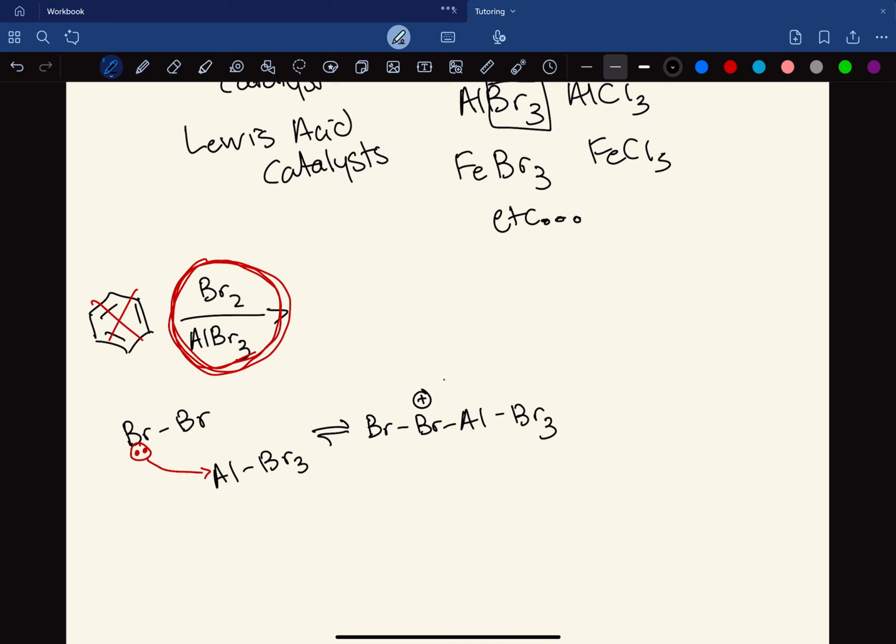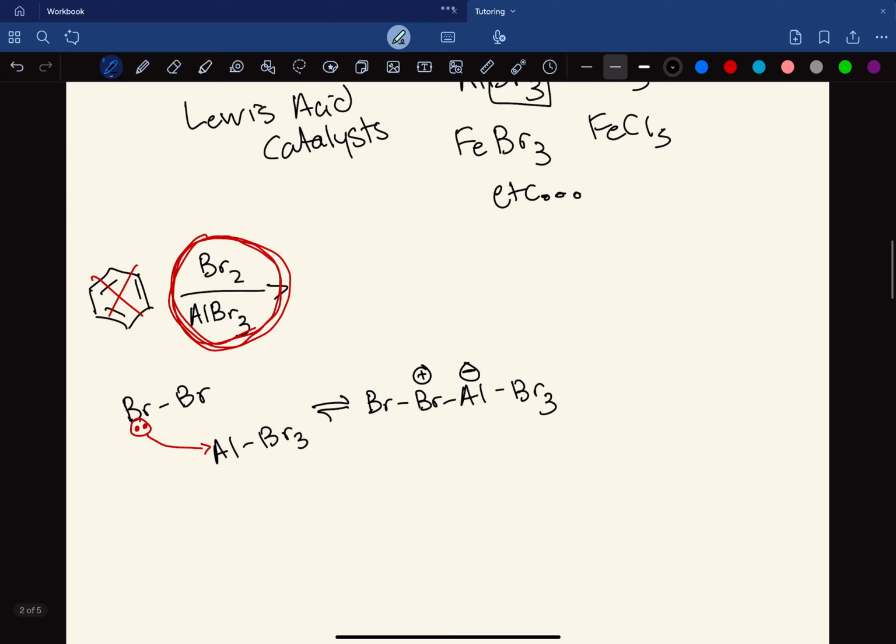If you wanted to calculate the formal charge for this bromine, you would find it to be +1. And then this aluminum, or the metal, whatever metal, will have a minus charge. It has more bonds than it wants to, and metals want to lose electrons to make bonds, not gain them.